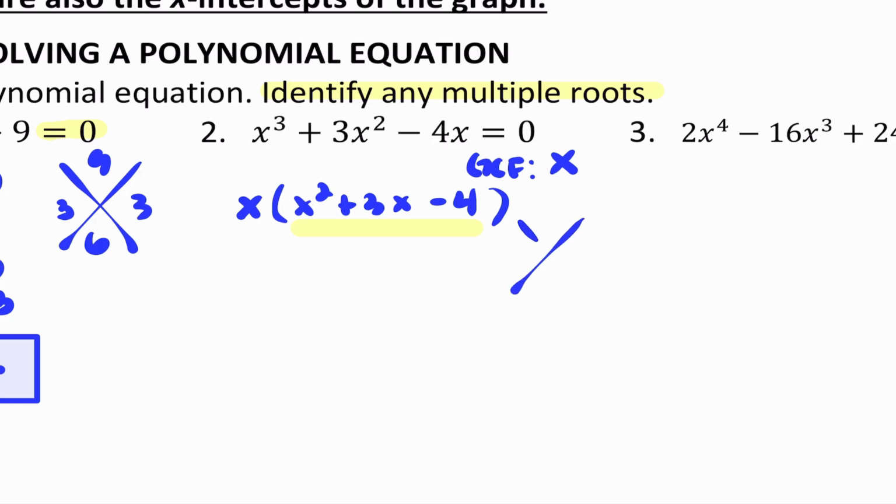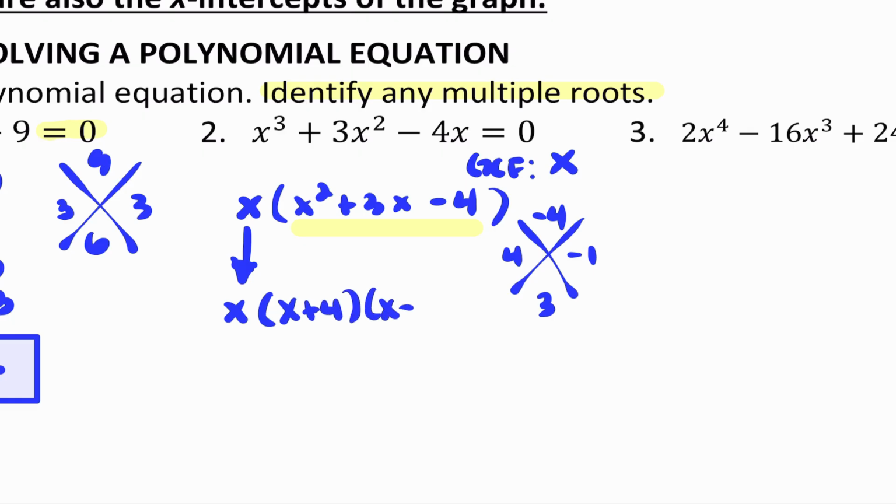That's where I'm going to use the x method. Negative 4 up top, positive 3 down below. 4 and negative 1 are the two factors. So then I have x times x plus 4 times x minus 1 equals 0.